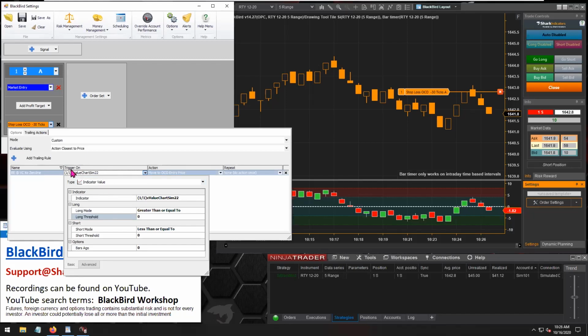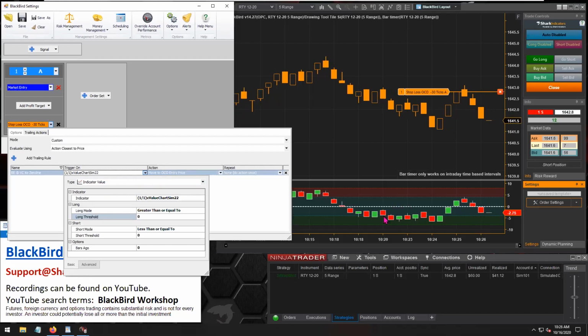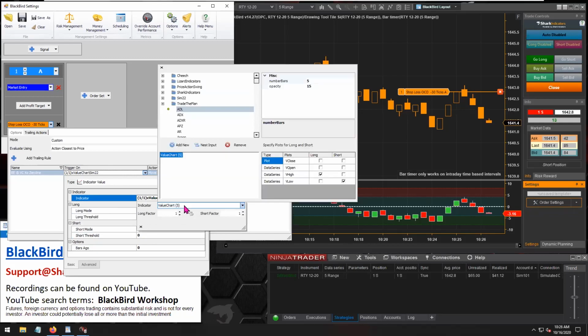Again, the trigger that we used was an indicator value. We were looking to see when the high value or the low value of this indicator's bar was above or below 0. So there's our threshold level that we're looking for, the 0 value. And then if we open up the indicator again, right there we go.